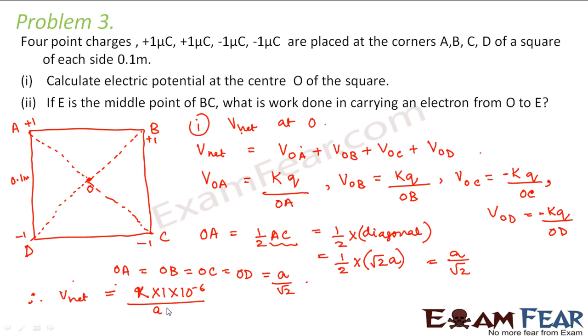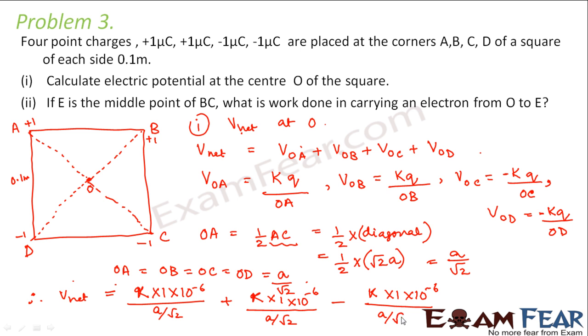So this is A by root 2 plus K into Q, that is 1 into 10 to the power minus 6 divided by A by root 2 minus K into Q is again 1 into 10 to the power minus 6 divided by A by root 2 minus K into Q divided by A by root 2.